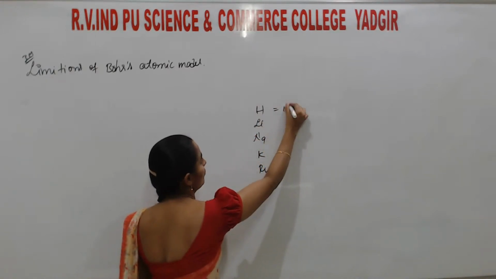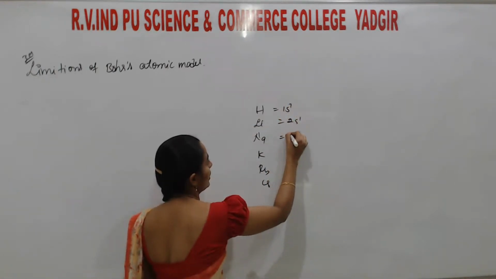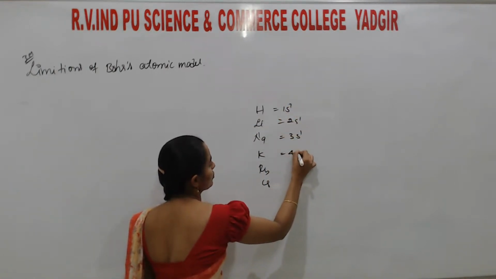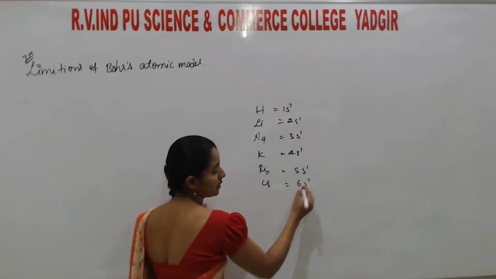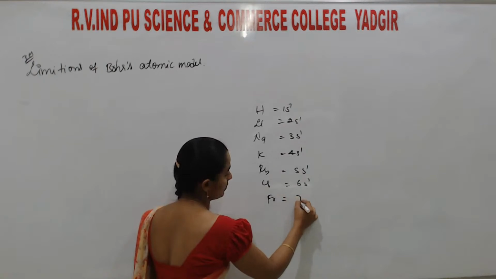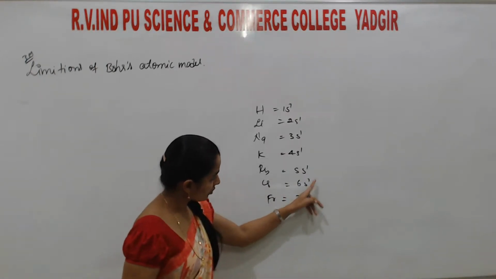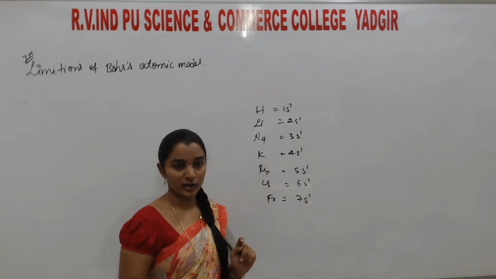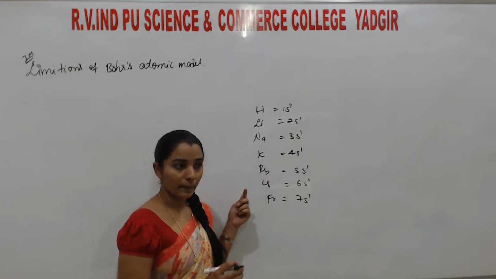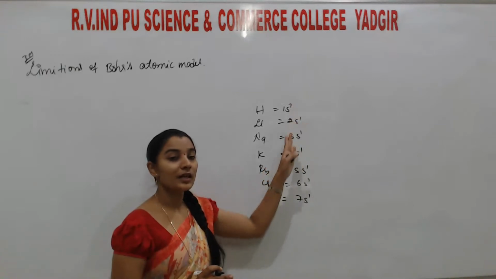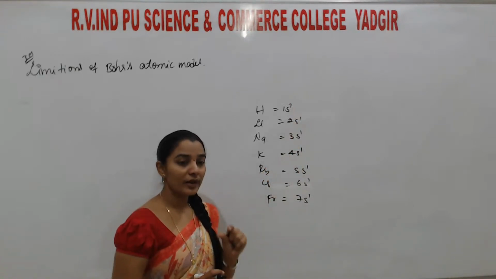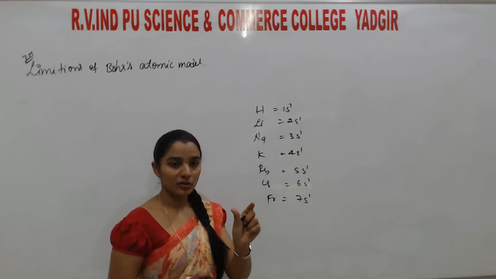These consist of only one electron in their outermost shell. When you write the electronic configuration, you get it like this, and this is francium 7s2. In the outermost shell only one electron is there. Bohr's atomic model successfully explains the single electron system, but it fails to explain multi-electron systems.